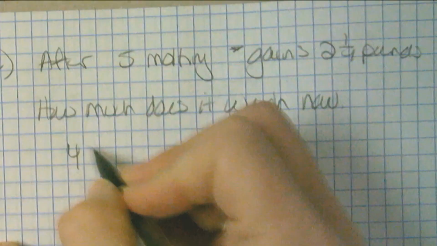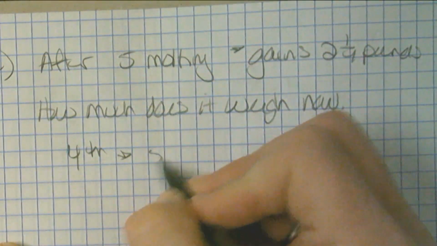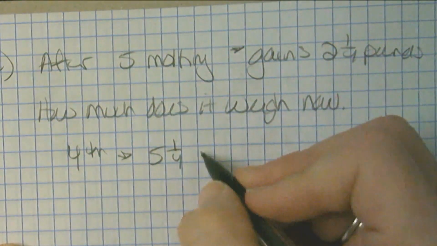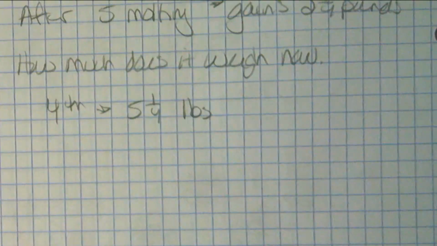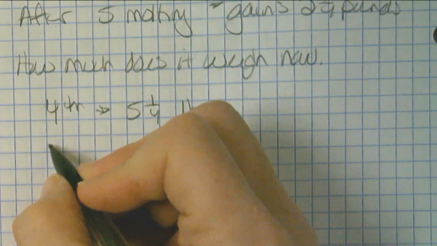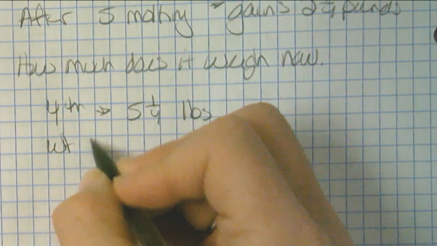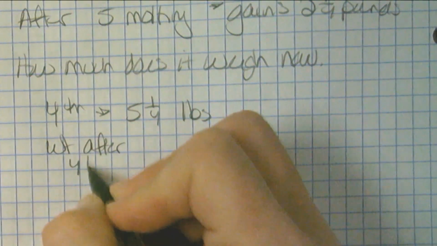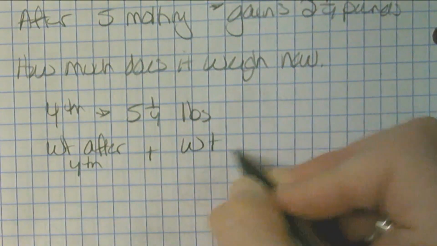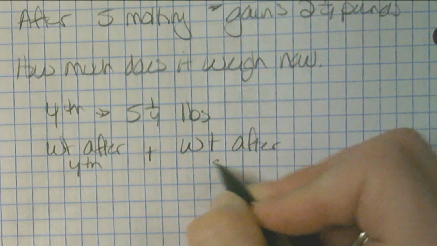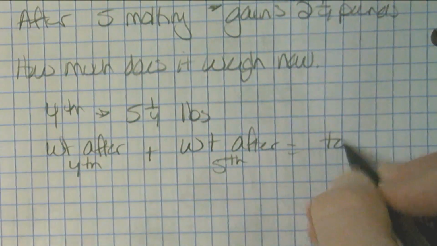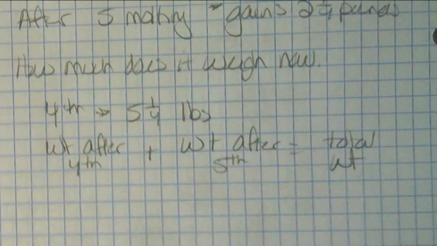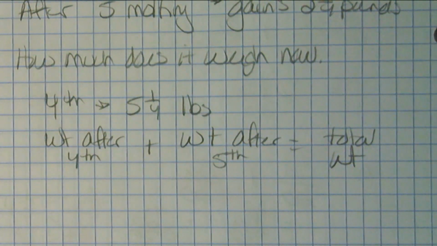Well, my 4th molting, it weighed 5 1/4 pounds. All right, so to get my new, I'm going to say weight after 4th plus weight after 5th is equal to total weight. So there's my game plan for part C. Cullen, does that make sense?